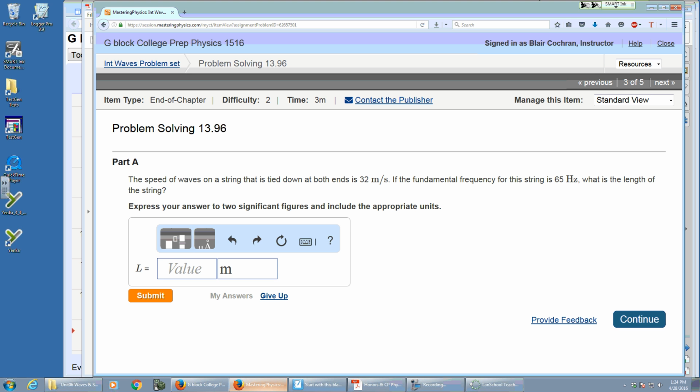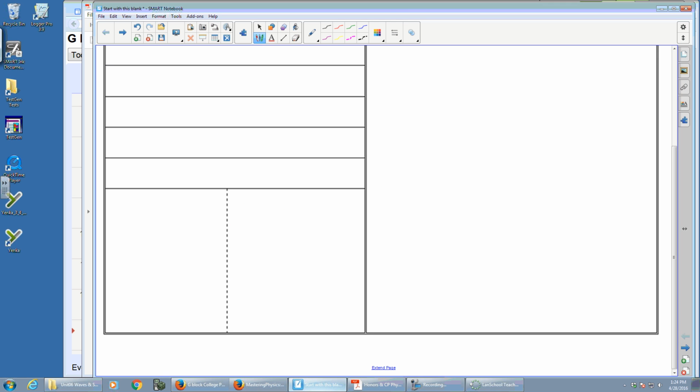how much is it moving at the ends? It is not. So what part of a standing wave would have to be at the point that it's not moving? A node. And it says its fundamental frequency. And that fundamental part says, hey, it's as little of a wavelength as possible. So what's the littlest amount from node to node?